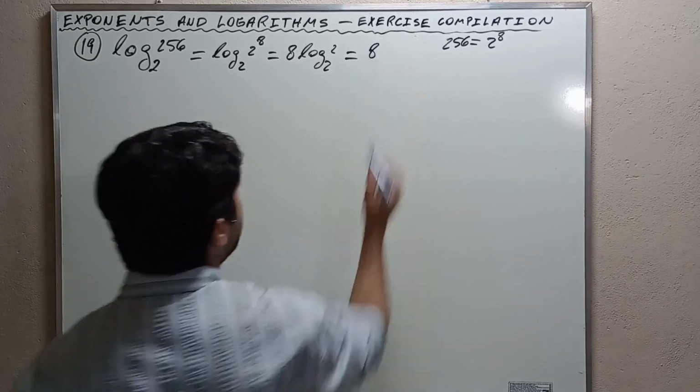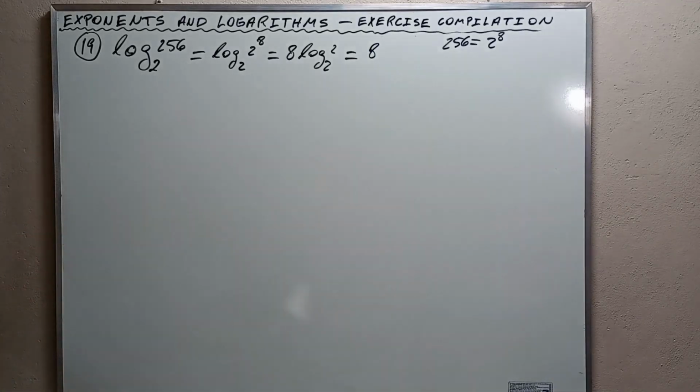Then it is simply equal to 8. Okay, my friends, this is all for exercise 19. A very simple one, just to get us started with logarithms. And now let's go and solve more difficult exercises. Exercise 20.